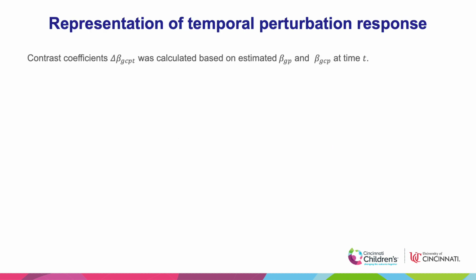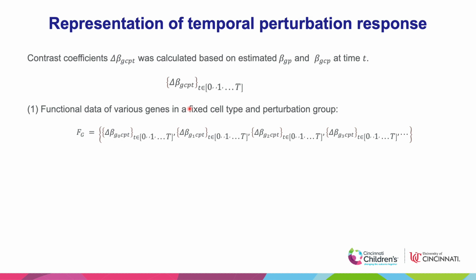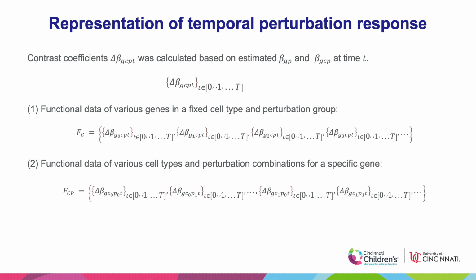With the result of the generalized linear model, we construct a series of contrast coefficients called delta beta GCP, which represent the perturbation responses for gene G in cell type C and perturbation P at time point T. By combining a series of contrast coefficients, we can construct temporal data either in this format or in this format to represent different needs of temporal analysis. More details can be found in the manuscript.